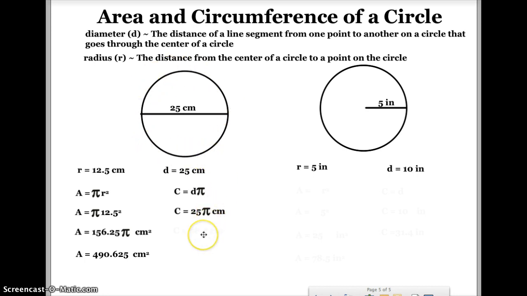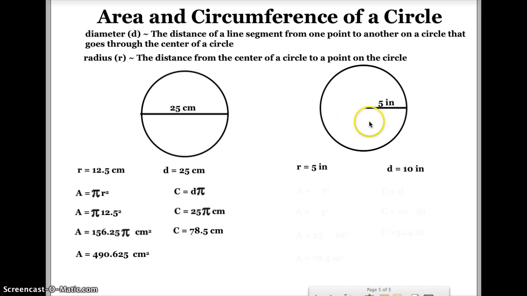And if I multiply 25 times 3.14, I'll get an answer of 78.5 centimeters. So on this circle, it's going to be a distance or a length of 78.5 to go all the way around that circle. If the diameter is 25 centimeters, the circumference is going to be about 78.5 centimeters.